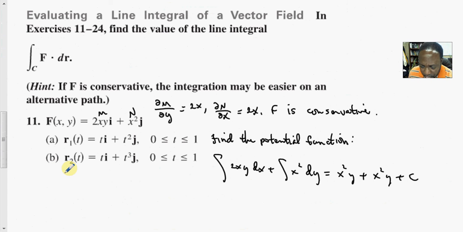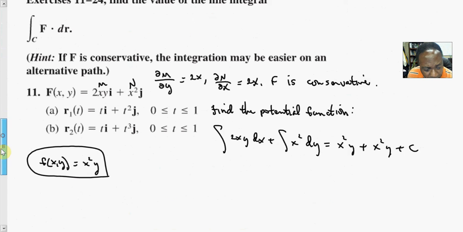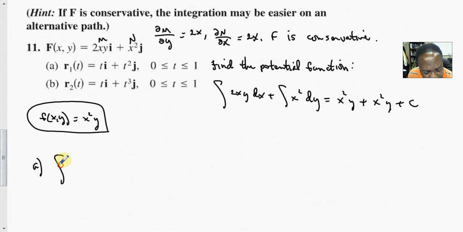Here, for the potential function, you take one and delete the other repeating terms, right? So little f of xy is equal to x squared y.